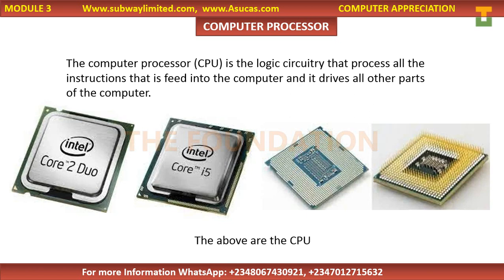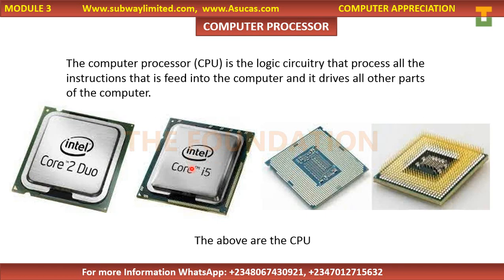We have different types of CPU, but we don't handle this in the course of the appreciation class. We handle this in the repairs and maintenance class. Like what you are having here, you are seeing core 2 duo, you are seeing core i5. These are different processor specifications.